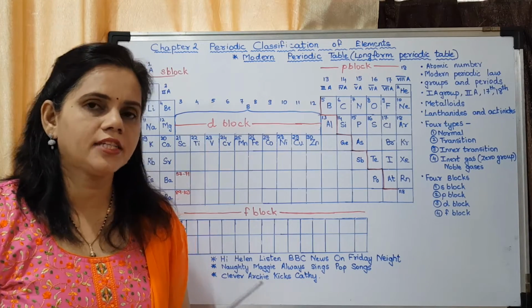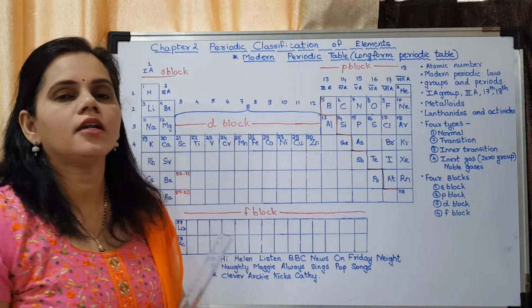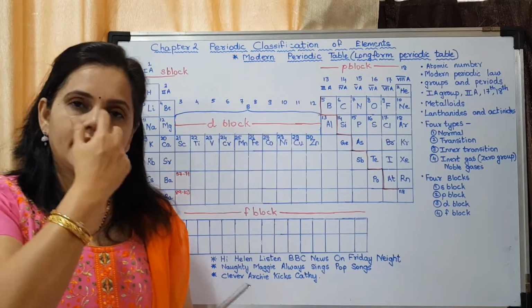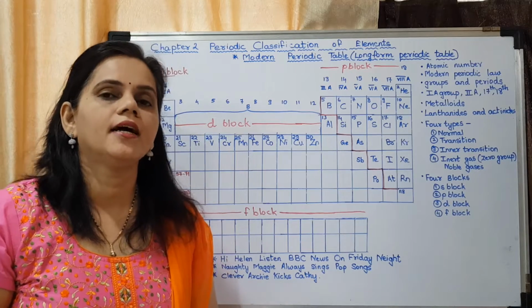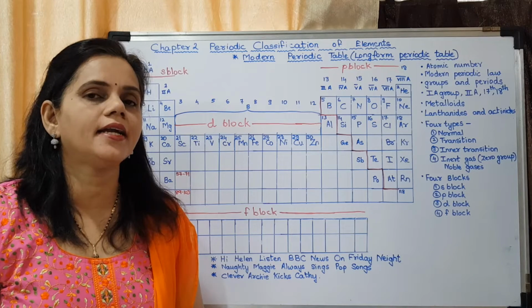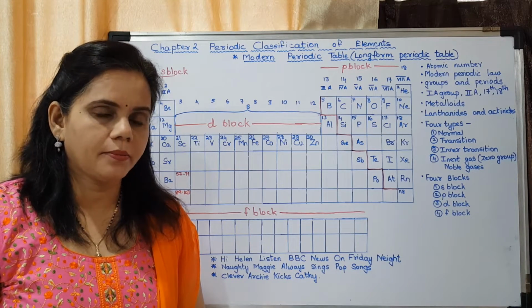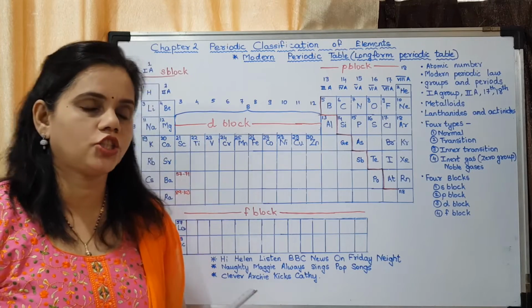Now the next topic is metalloids. What are metalloids? You have already learned the term metalloids. Metalloids are elements which show the properties of both metals and non-metals. Now you may see in the modern periodic table they have a particular position.